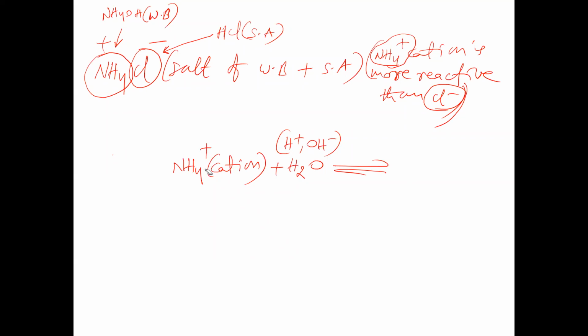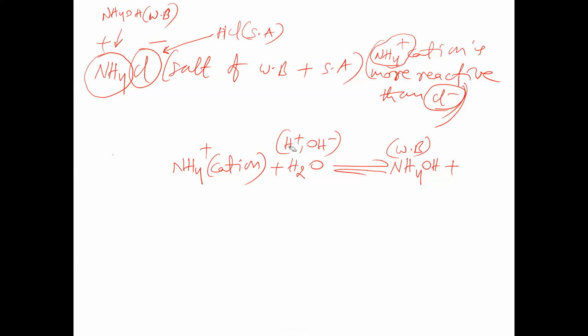NH4 plus will take OH minus, right? Then what will be forming? NH4OH is produced. Here, a weak base is produced, NH4OH.